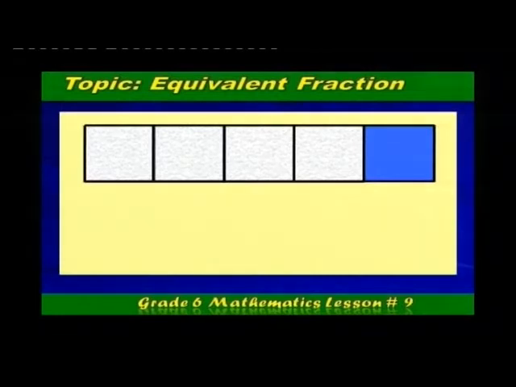Okay, just a diagram to help elaborate more on the first fraction. We have 4/5. 4/5 can be shown as a diagram here. This has been divided into 5 parts, and 4 parts of the 5 parts have been shaded in.